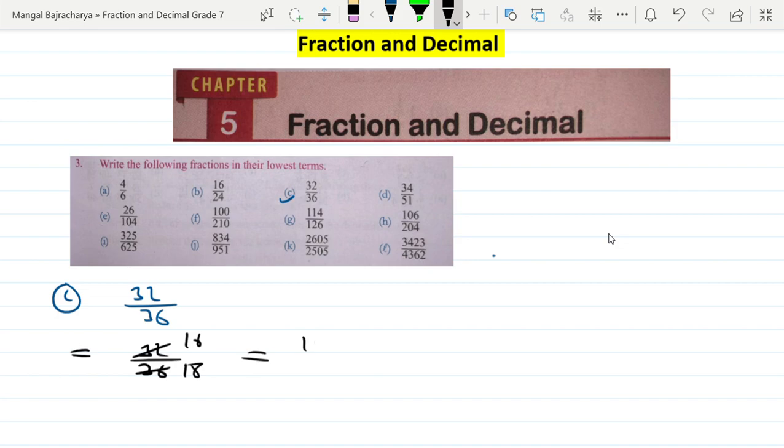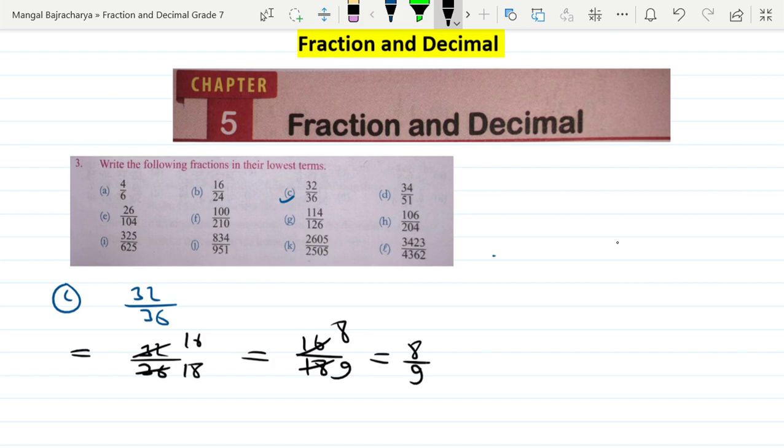So I copy that first, what is the residue over there after cancellation, and still these numbers are even numbers, so definitely they will get divided by 2, is it? So 2 8s are 16, 2 9s are 18, so we got 8 by 9, and 8 and 9, one is even and the other is odd, and they are not sharing any common factor, is it? So this is the lowest form for this 32 by 36, right?